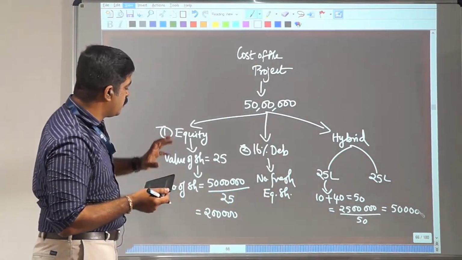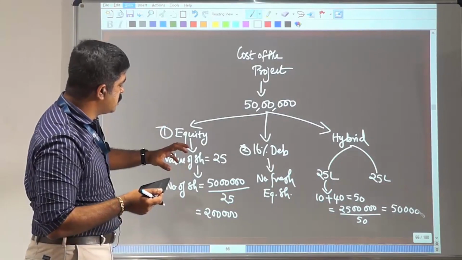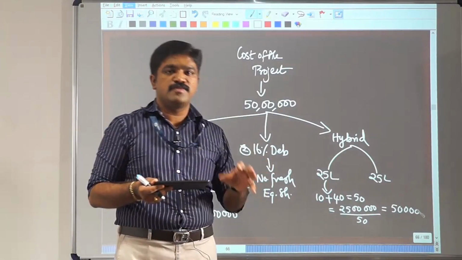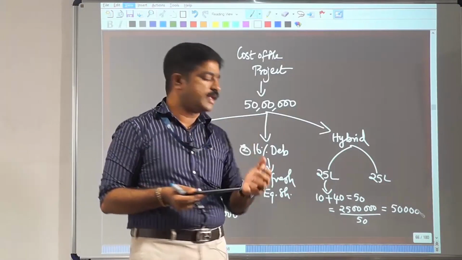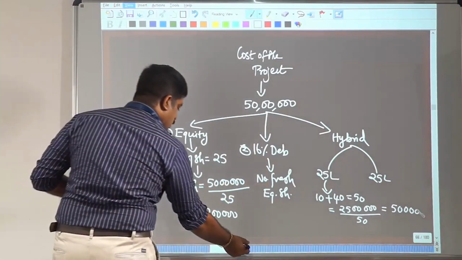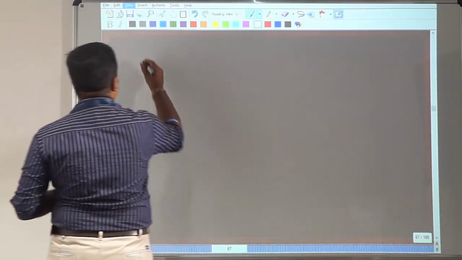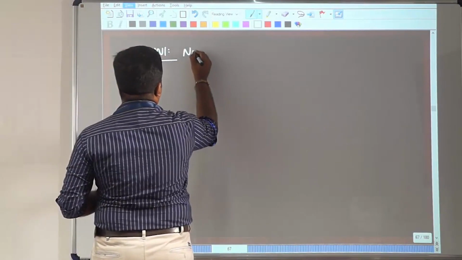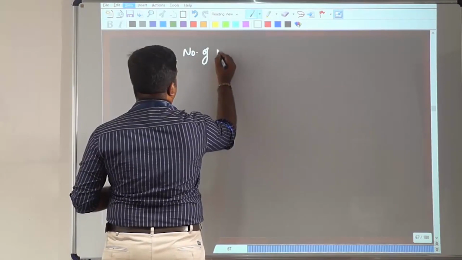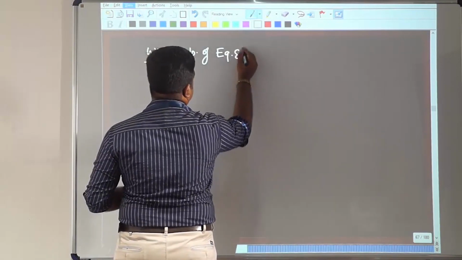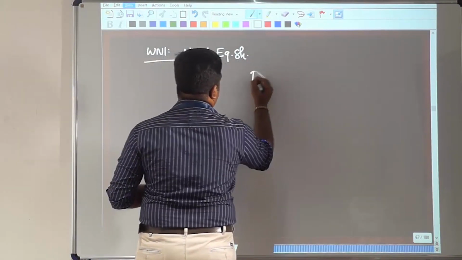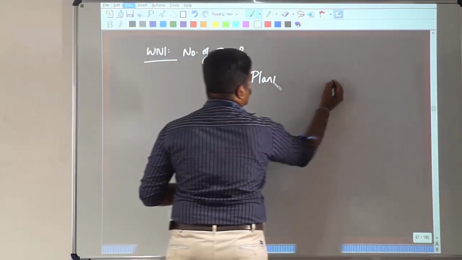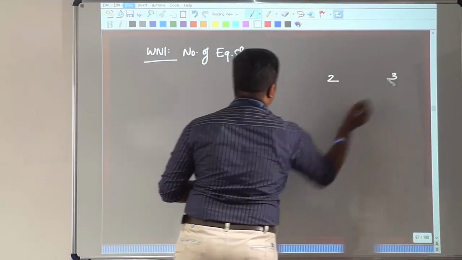So now we'll try to summarize what the number of shares will be if you go for option 1, 2, 3. Okay, so let me have that. I'll call it working note 1. Number of equity shares, and we know plan 1, plan 2, plan 3.